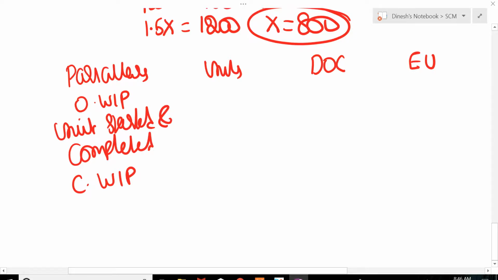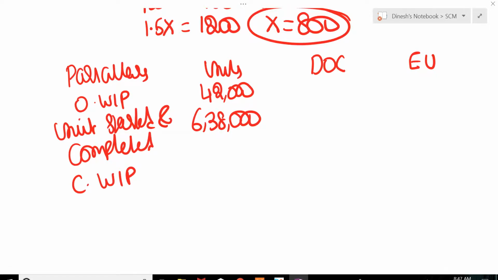So you'll have three categories: opening WIP, units started and completed, and closing WIP. We have produced 6,80,000 units. How much was the opening WIP? 42,000. So started and completed is 6,38,000. Closing WIP is how much? 50,000. Now for started and completed, the entire 100% work is done in the current year.